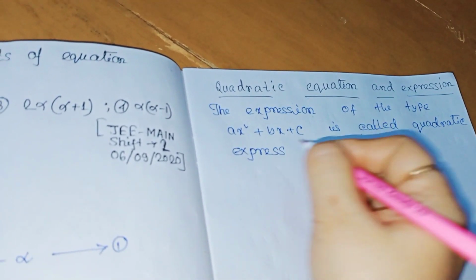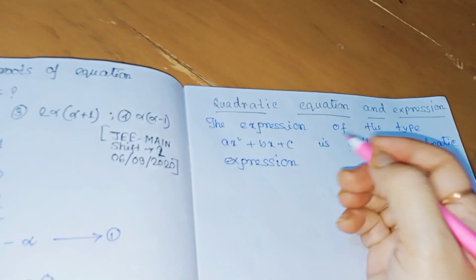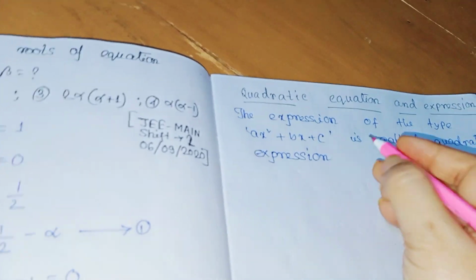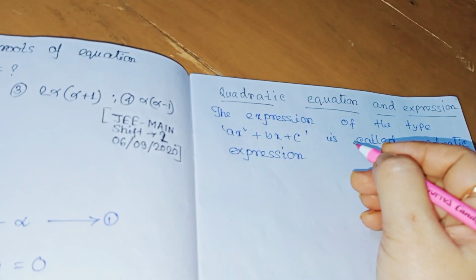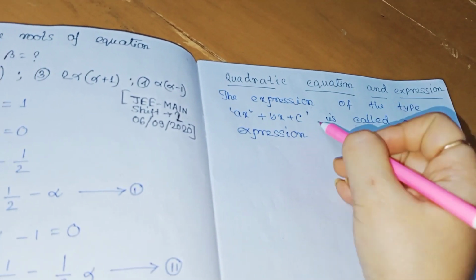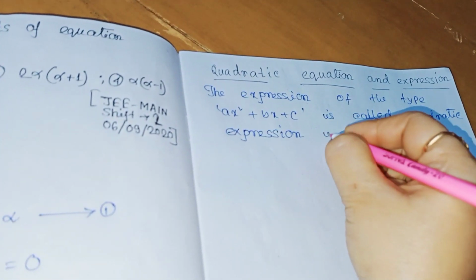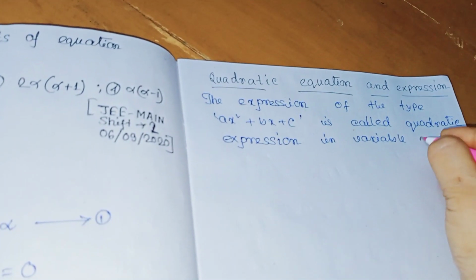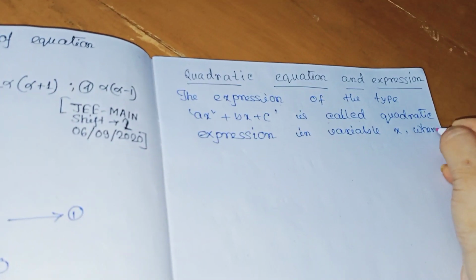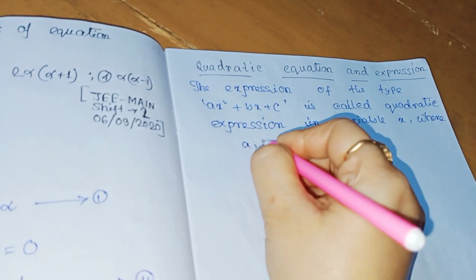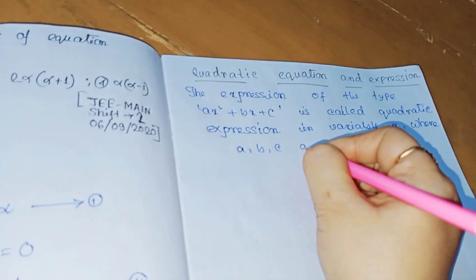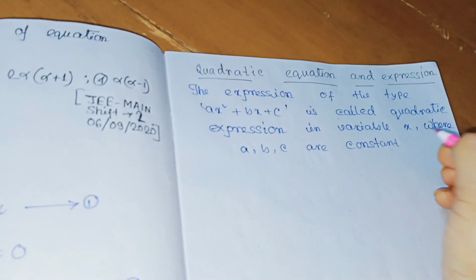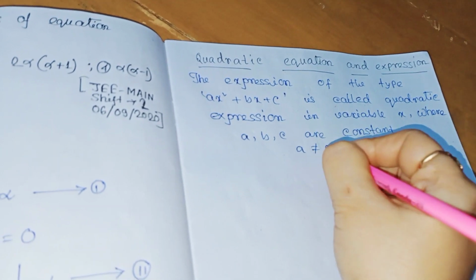As we know from class 9 or 10, this form is a quadratic expression in the variable x, where a, b, c are constants and a is not equal to 0.